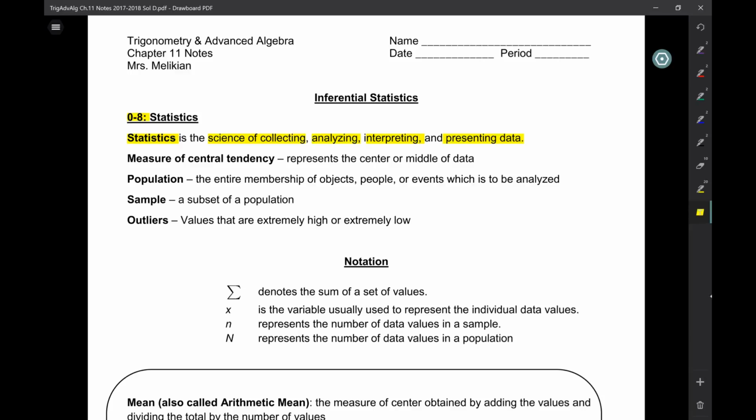Well, now you have to analyze it. How do you make all those numbers, 15.7, 13.2, 20.9, mean something? So statistics is a way of us interpreting that data so that we can look at it in a more meaningful way.